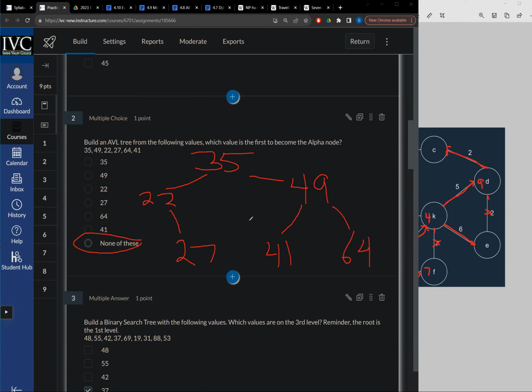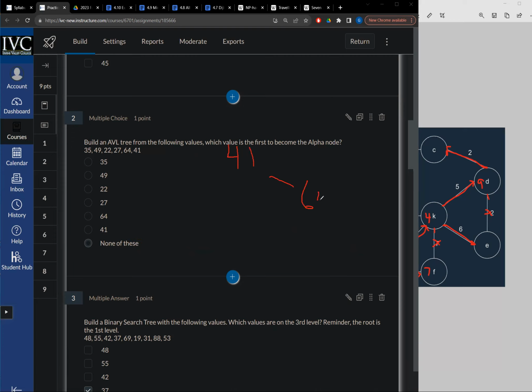All right, so let's change the numbers. Let's see what we get if we build this in the reverse order. So we go from 41, 64, 27, 22. And looks like we're not getting any imbalance there. So let's go ahead and add someone over here somewhere.